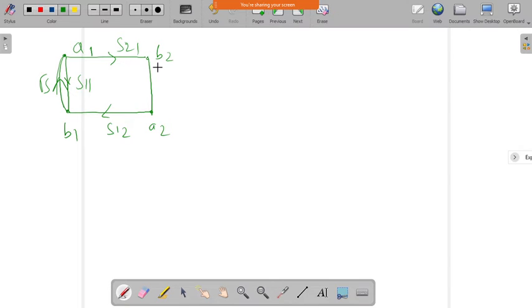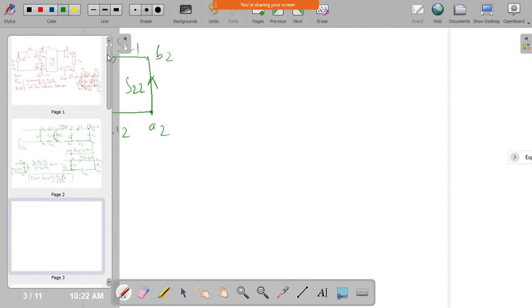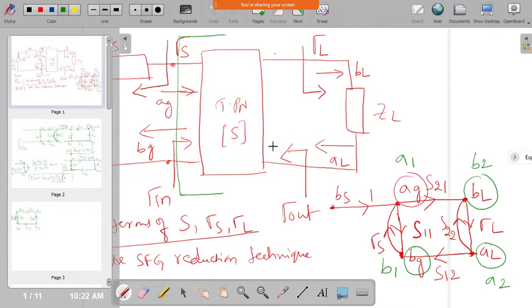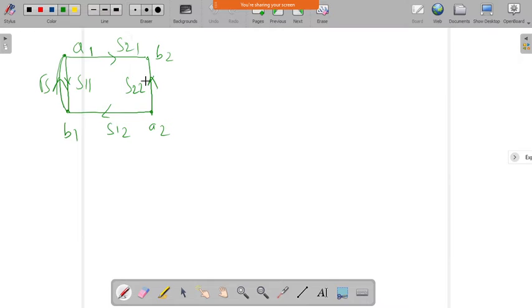We have only S22, because we should not consider gamma L, since we are looking only from the network point of view, gamma out. So we need to exclude gamma L, and we get the signal flow graph like this. So this is your gamma out.